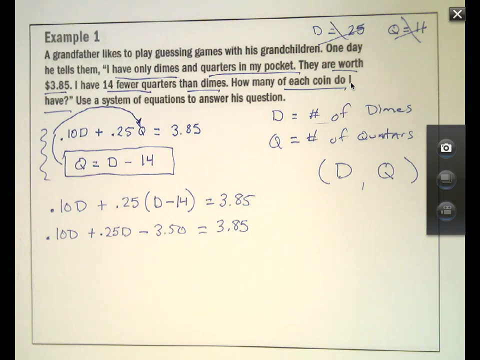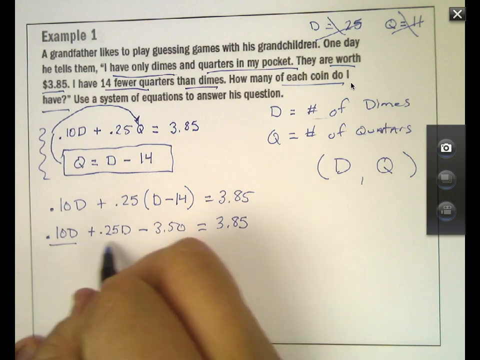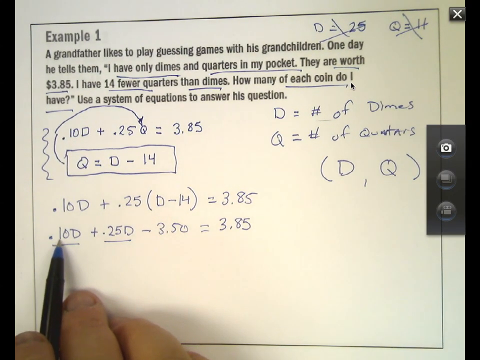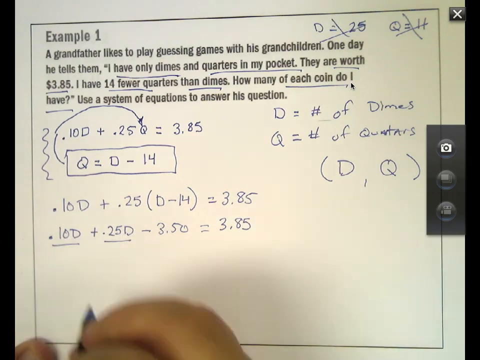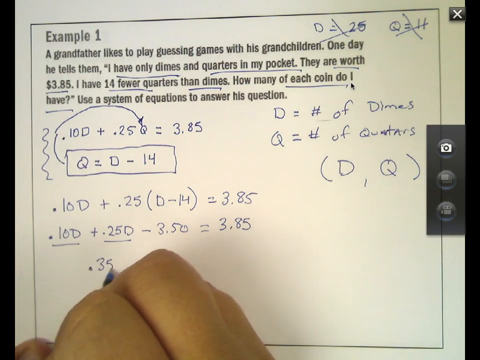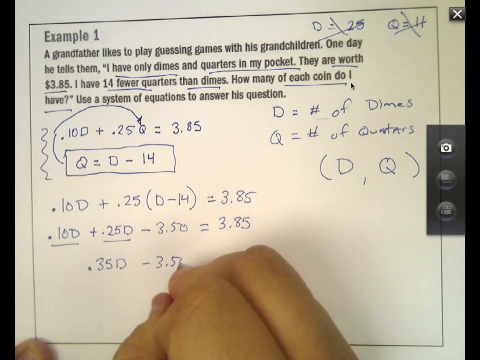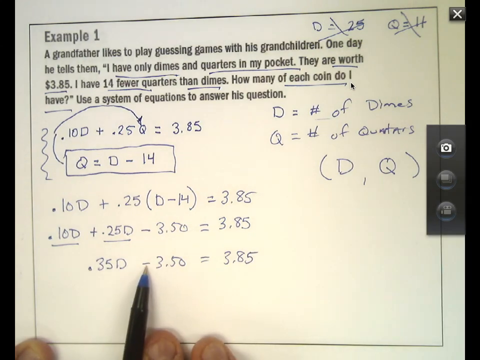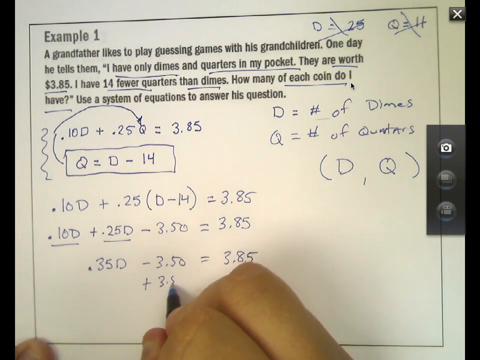Now, inverse operations. I can put these D's together. Why? They are like terms. So 10 cents D plus 25 cents D is 0.35D minus $3.50 equals $3.85. The inverse of subtracting $3.50 is adding $3.50.